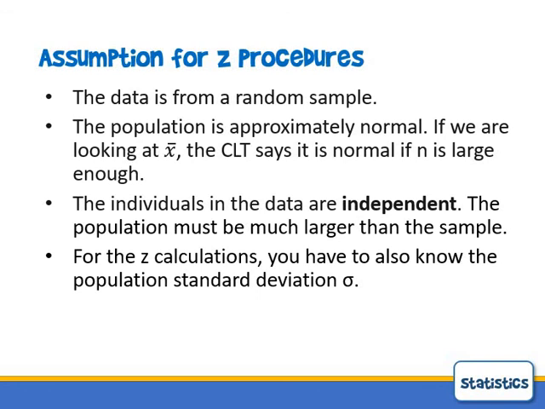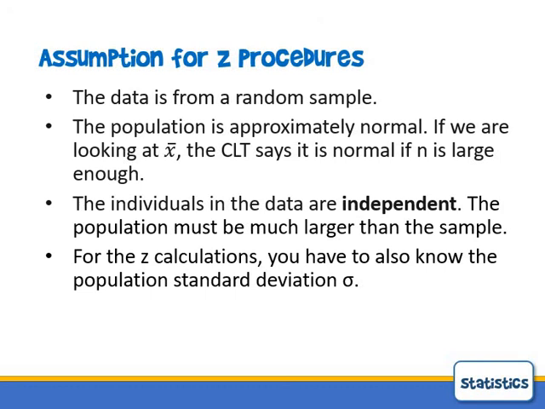And then the fourth assumption that I list here, the critical one of why we have this section on the t-procedures, is a pretty unrealistic assumption that in the real world you know sigma. In the real world, if you needed to know sigma, you would have to have all of the information about the population so that you could compute sigma, because that's the population standard deviation. If you had all of that data, you could compute mu.